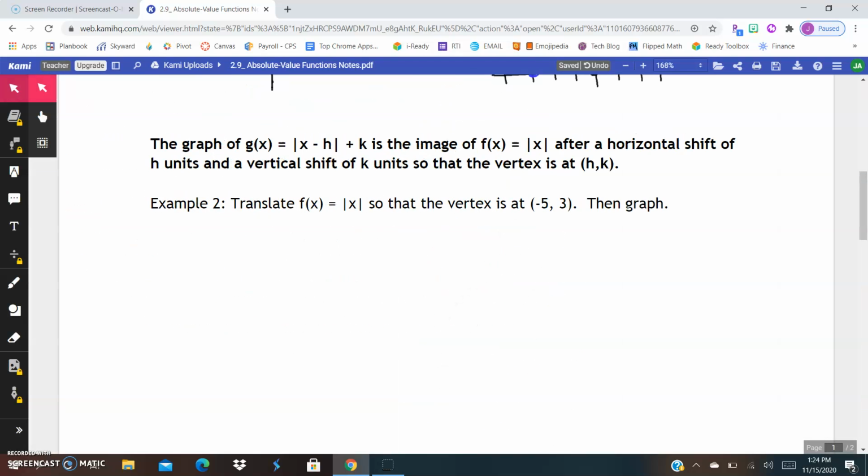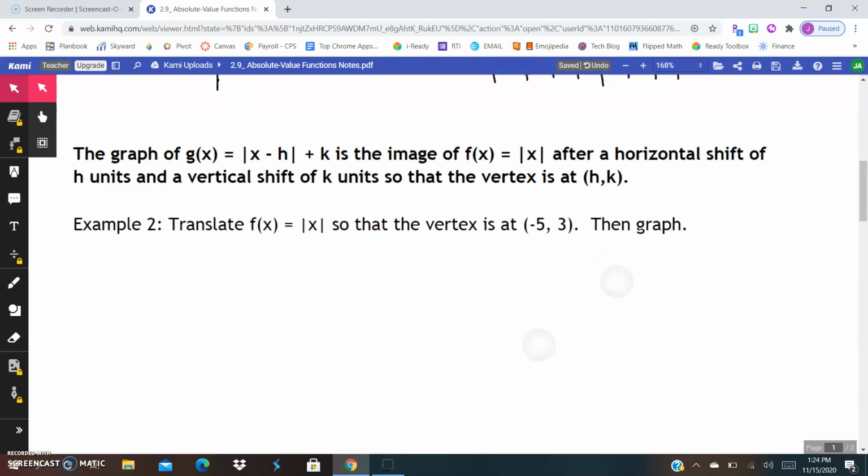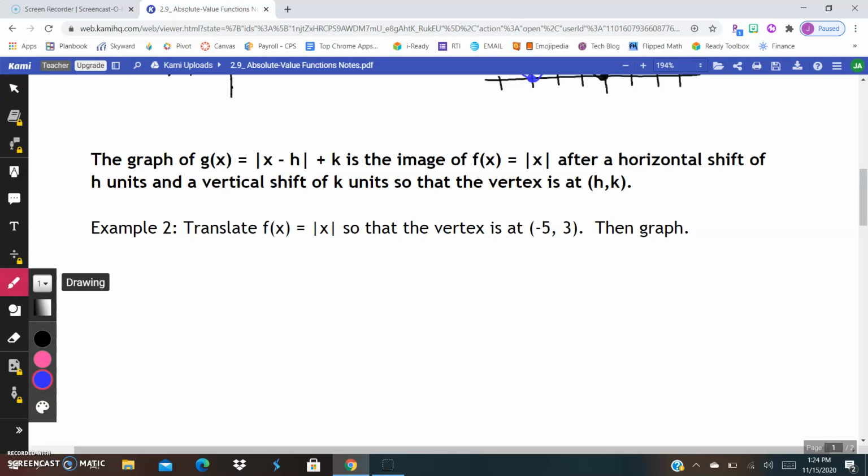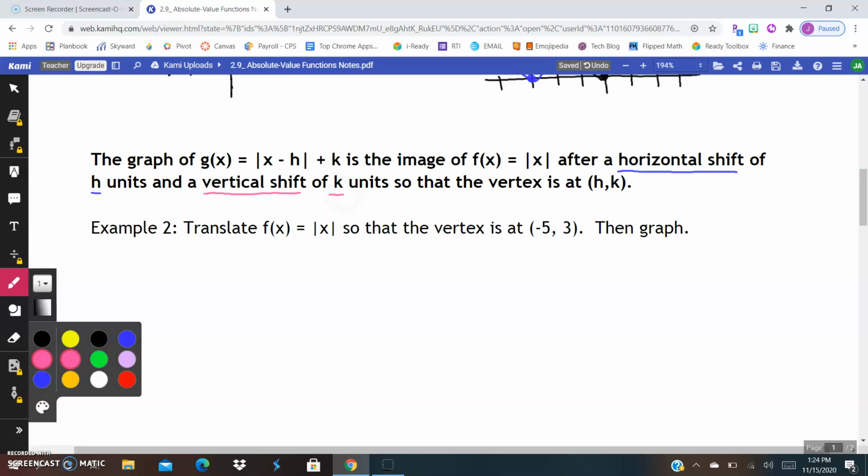Now we're going to talk about the vertex here. The graph g of x equals the absolute value of x minus h plus k is the image of f of x equals the absolute value of x after a horizontal shift of h, and a vertical shift of k. Horizontal is h, and the vertical is k.